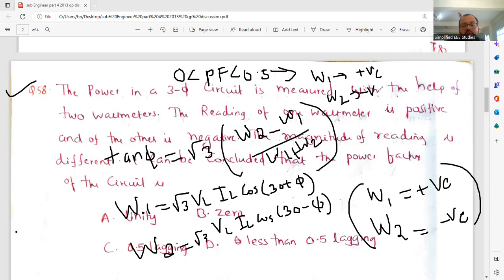That means W1 is greater than W2, so the overall power we may get is positive. But if you talk about this condition, we can say that the power factor is actually less than 0.5 lagging. The operating power factor of the load is 0.5 lagging. I think it's clear to everybody. So you can make use of the different conditions by using the equation. I did the same manner.